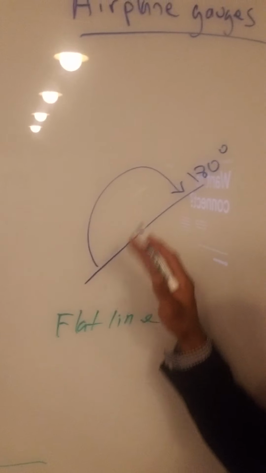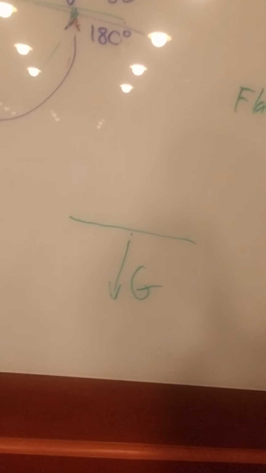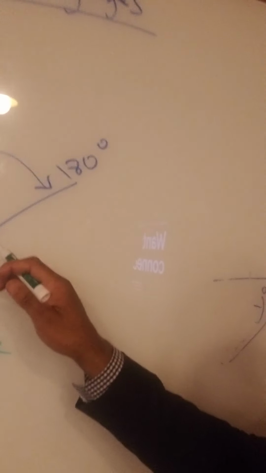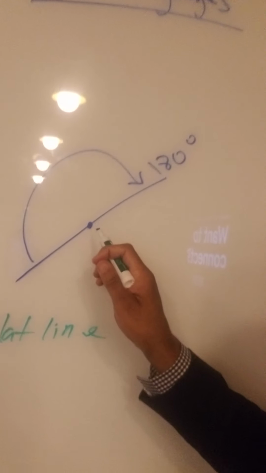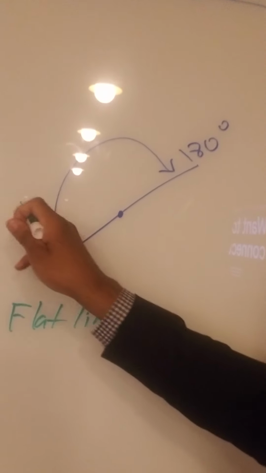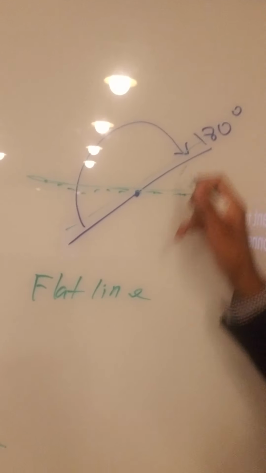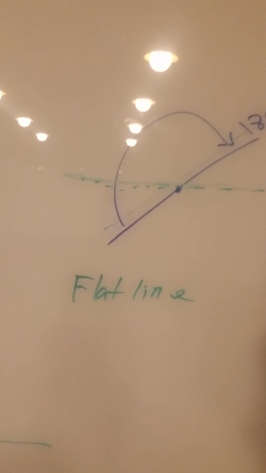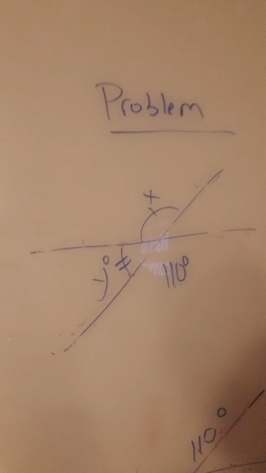So if I flip your straight line sideways, that's level in terms of gravity, as I was talking about. So if I flip your straight line sideways, level is still level. So that change from here, from original to here, can be thought of as an angle, a change in space. Now, let's look at the problem.